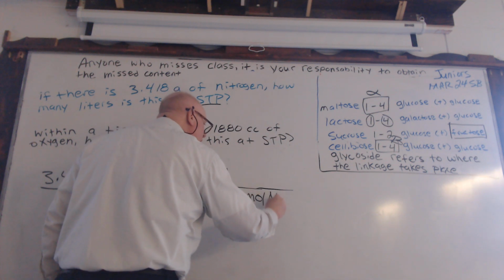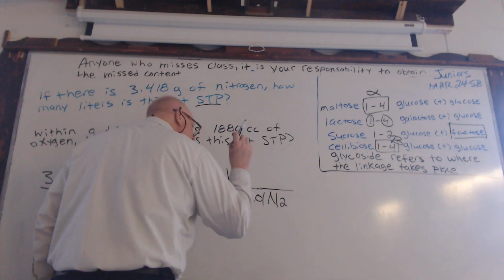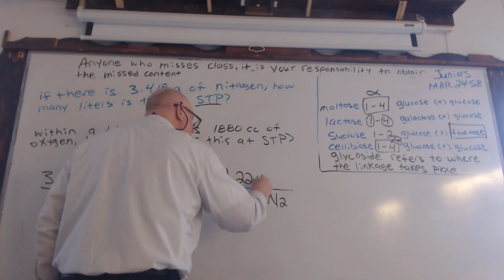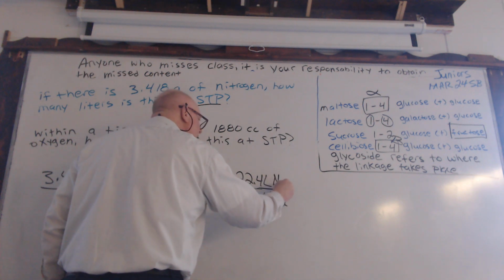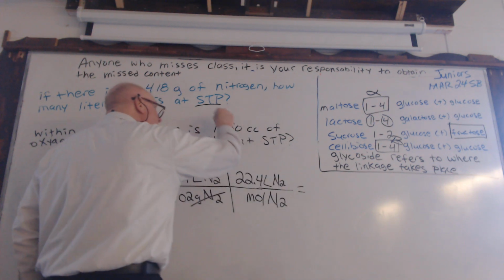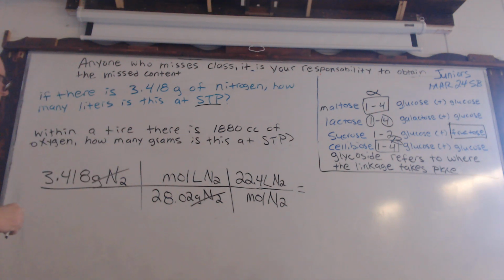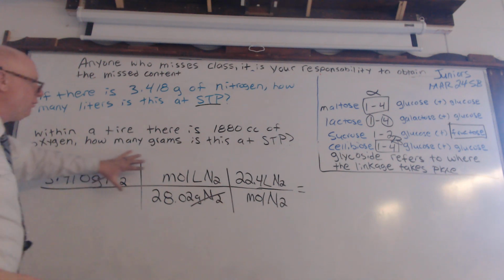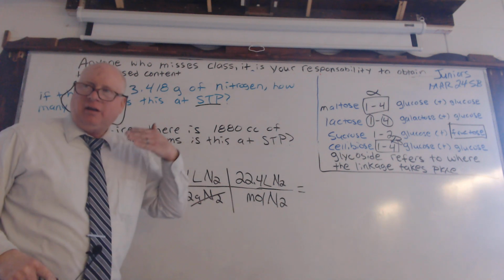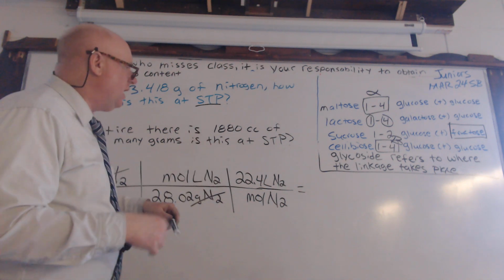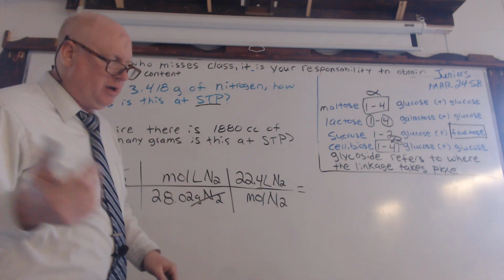So for every mole of nitrogen at STP, you're going to be given 22.4 liters of nitrogen gas, because again, it's measured at standard temperature and pressure.